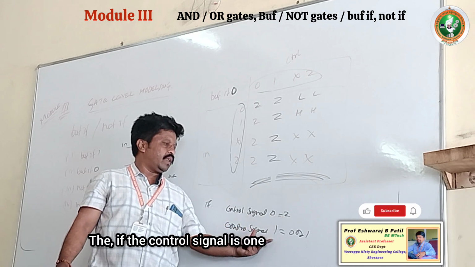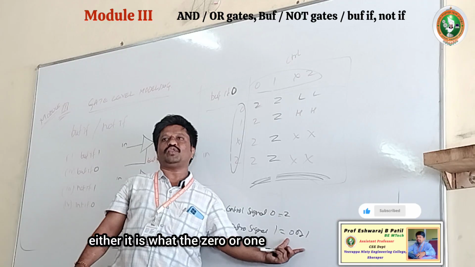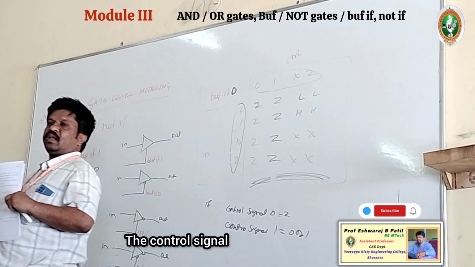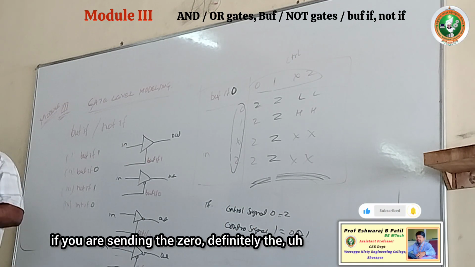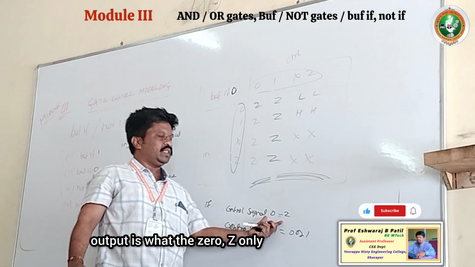If the control signal is 1, then the output would be either 0 or 1. If you send control signal 0, the output is Z only.